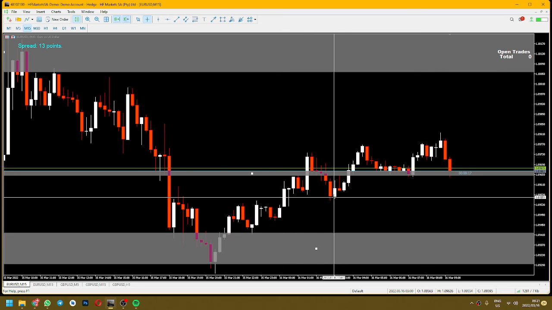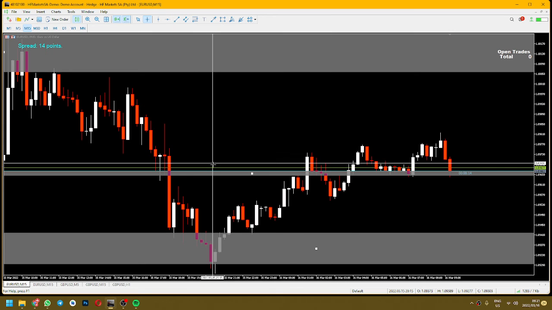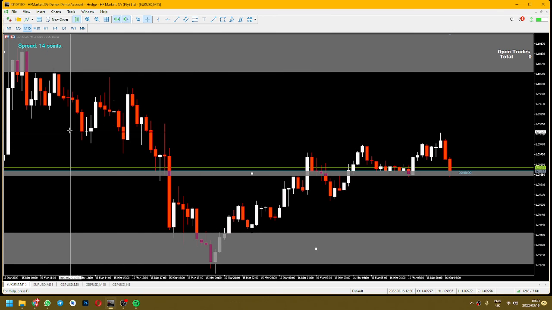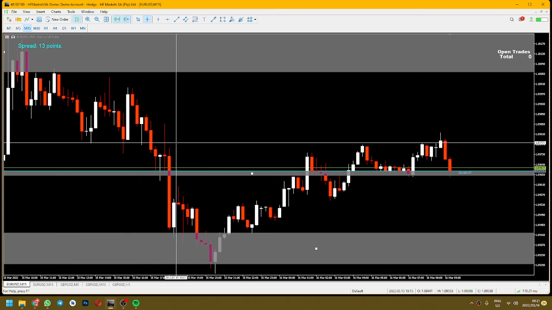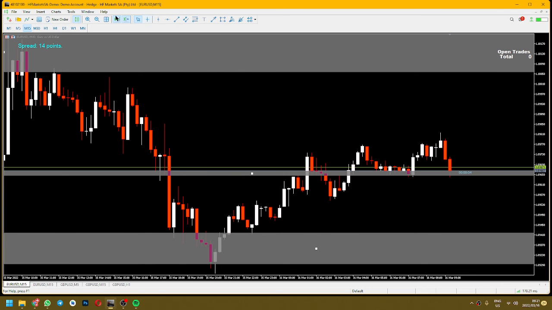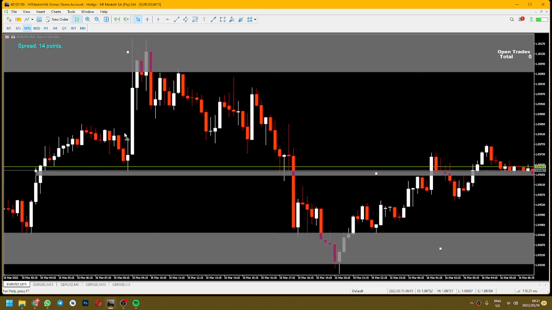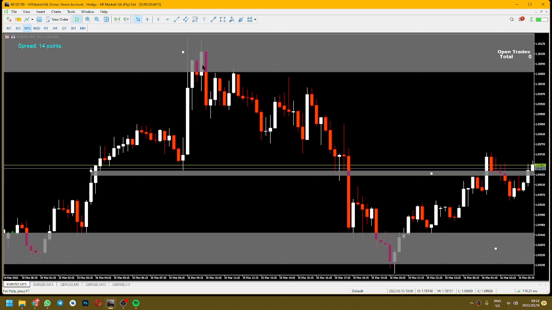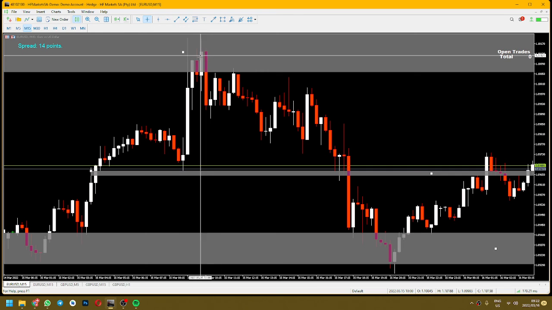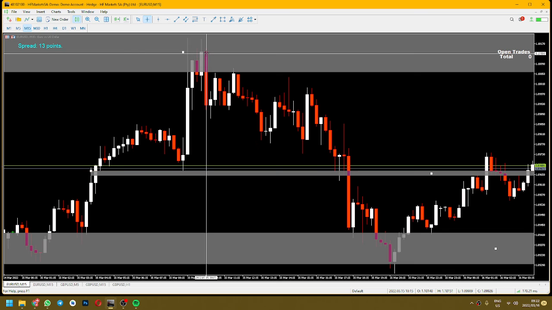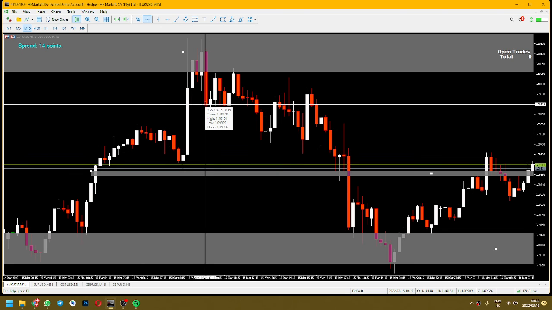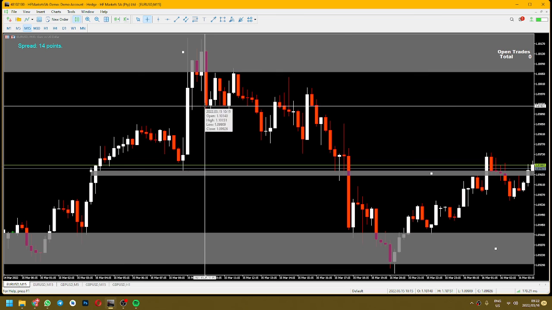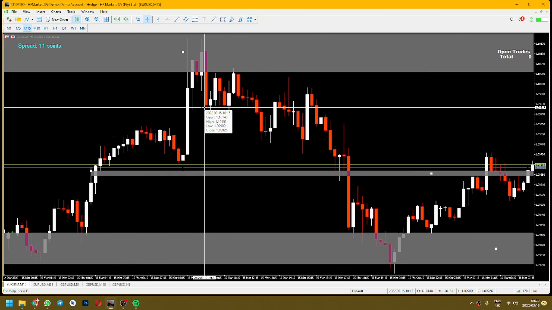You need to be familiar with very simple candle patterns, like engulfing candle patterns. As you can check here, let's move a bit back. This is a perfect example of a reversal. See this area here at the top? The red candle completely ate the white candle before it, meaning the market was going down.